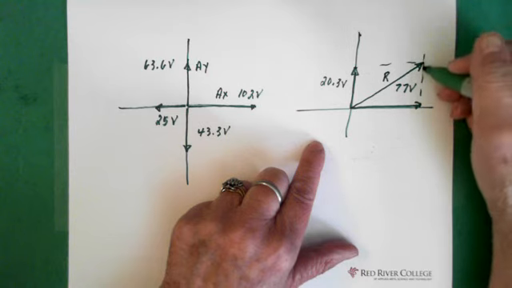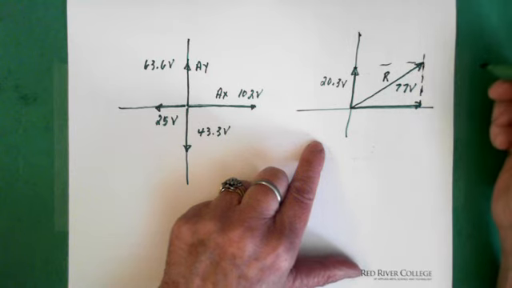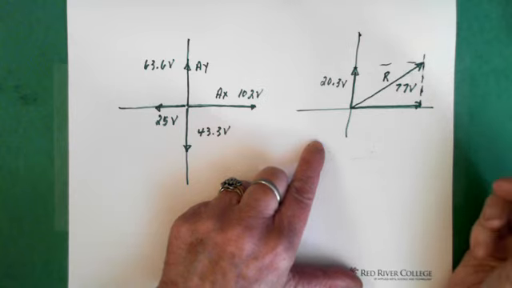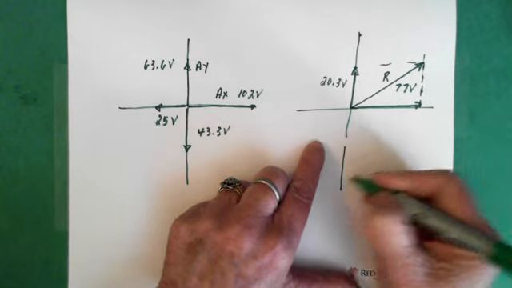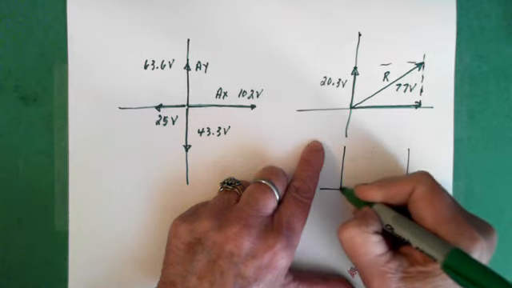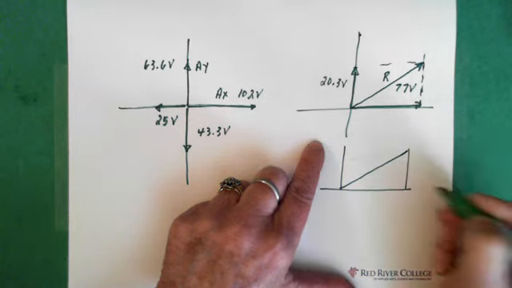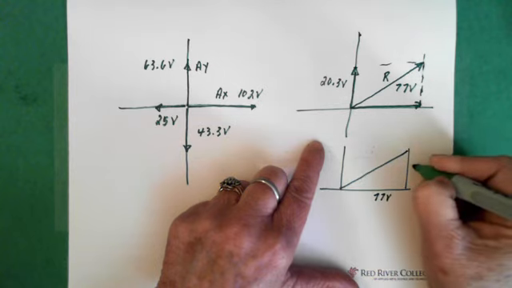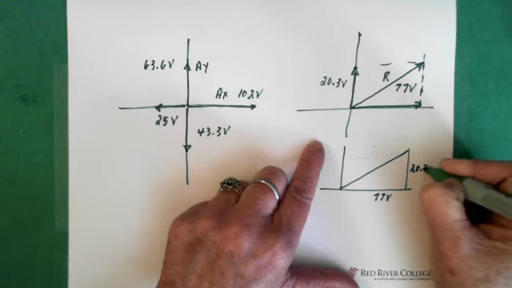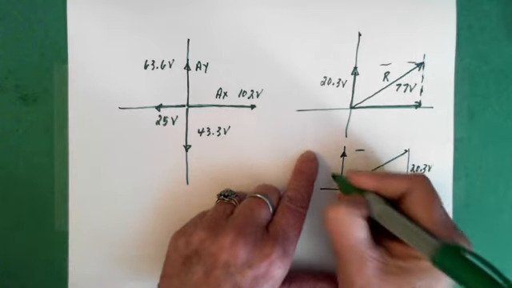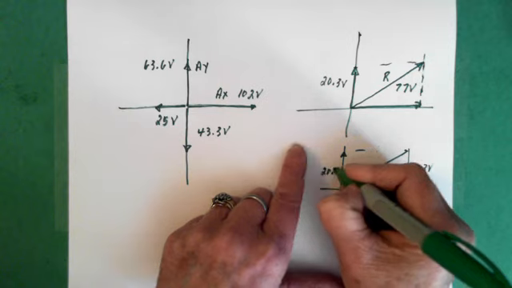And when we look at this, let's redraw this triangle here. So our 77 volts is here. Our 20.3 volts is here, which is this piece here, 20.3 volts.